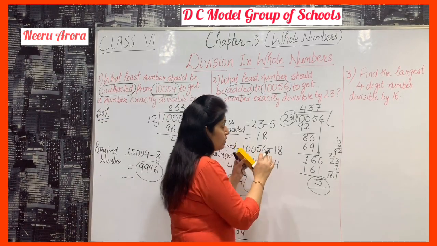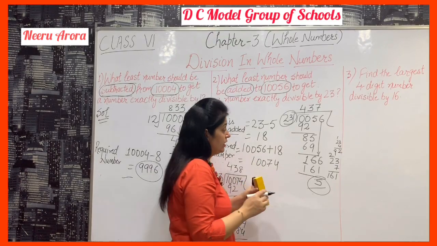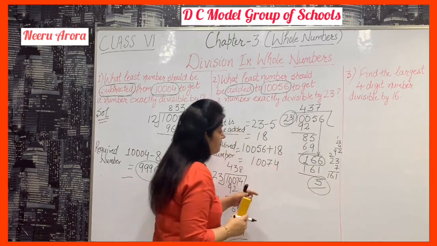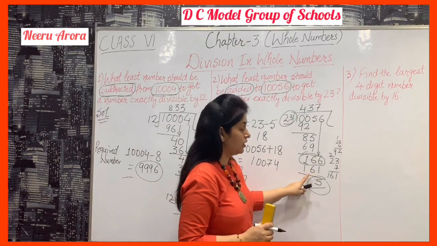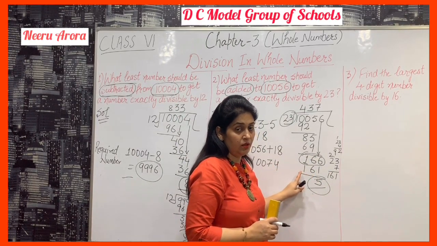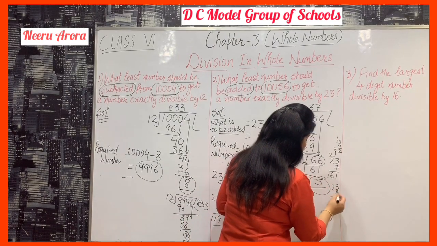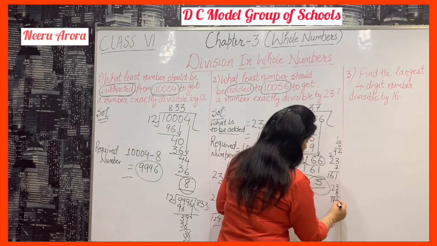So you can understand it this way: here it is 166. And when we multiply 23 by 7, we get 161. So see, the next number is 23 times 8, it is 184.